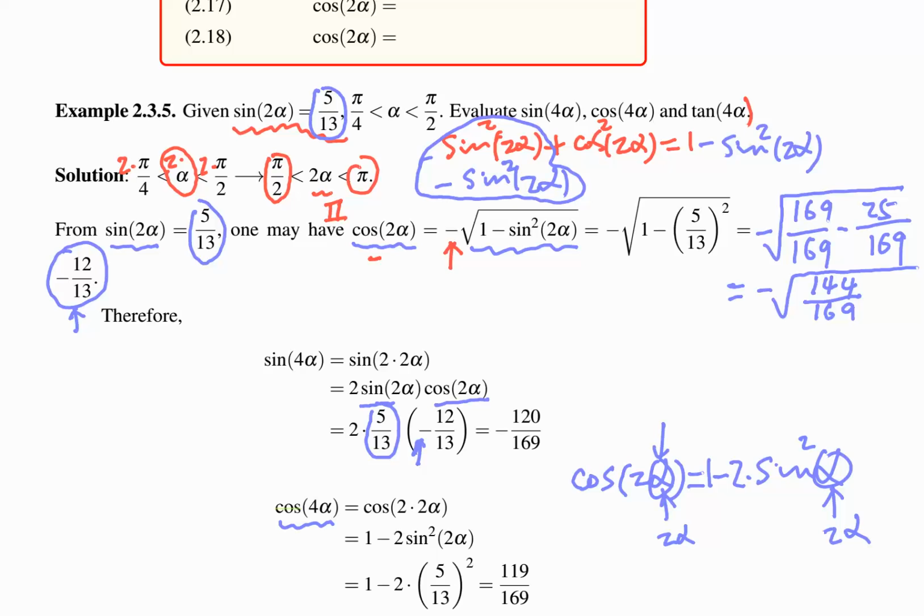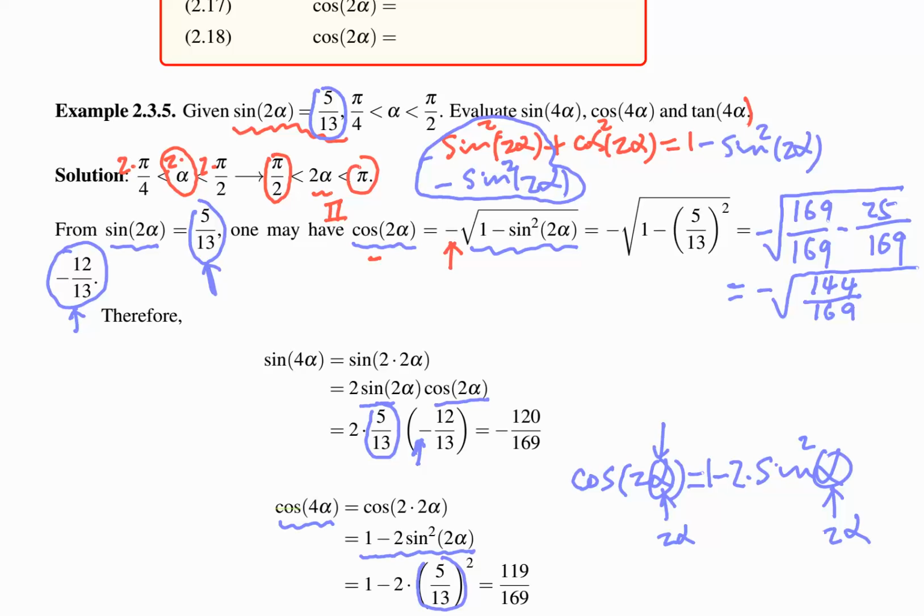Okay, so then you have 1 right here. 1 minus 2 times sine 2 alpha squared. And then 1 minus 2 times 5 over 13 squared. Okay, this value again comes from here.